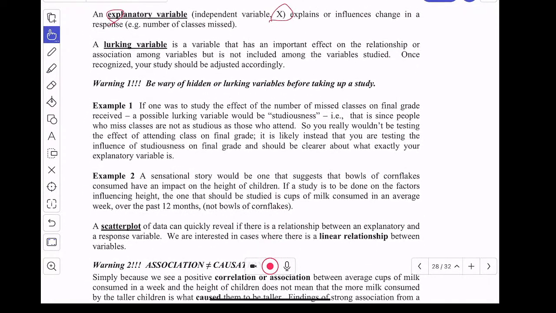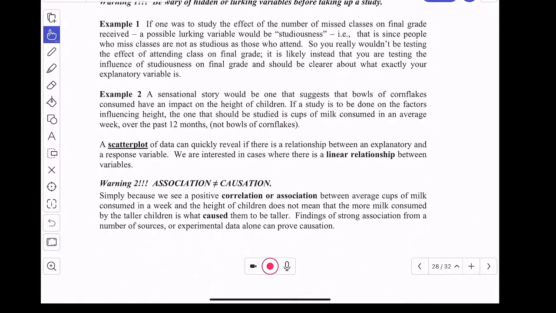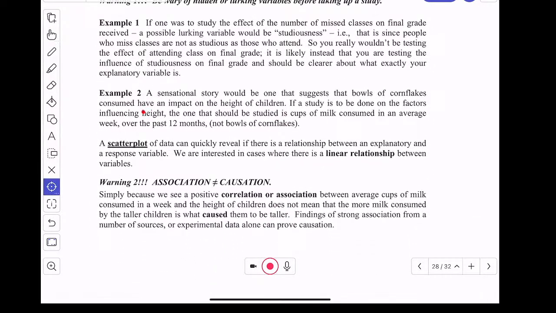So that's what I was saying about here. And then I also introduced an example about the relationship between number of bowls of cornflakes consumed and height, because I guess even still there are commercials with basketball players eating cornflakes or eating some sort of cereal, and implying that eating that cereal makes you healthy and you'll grow tall.